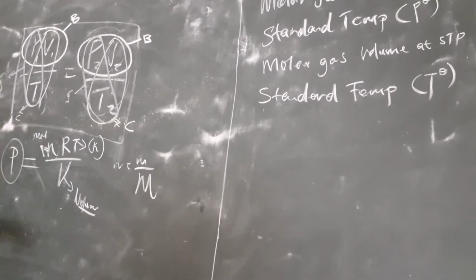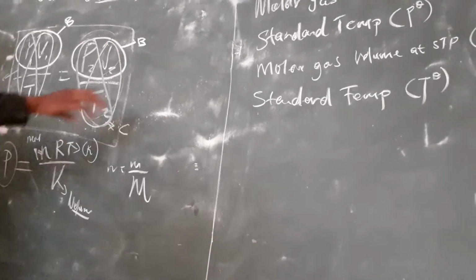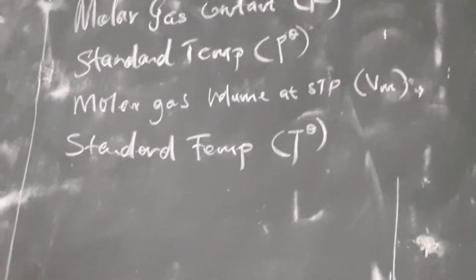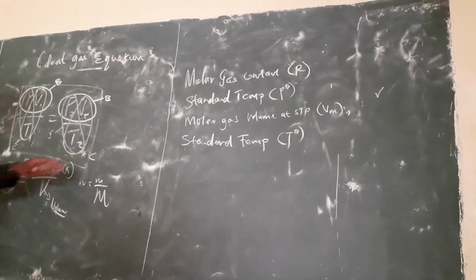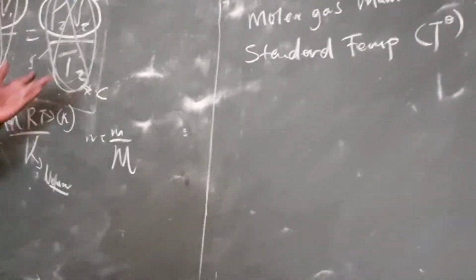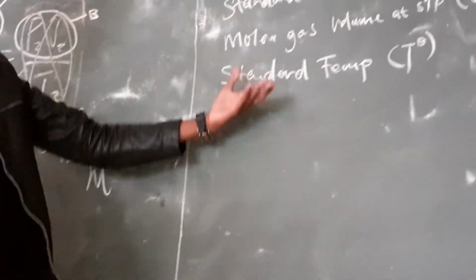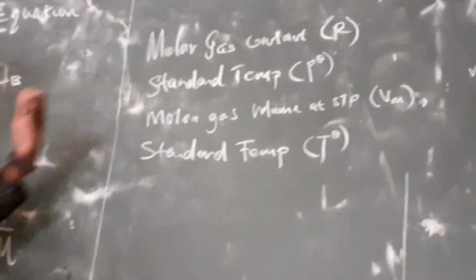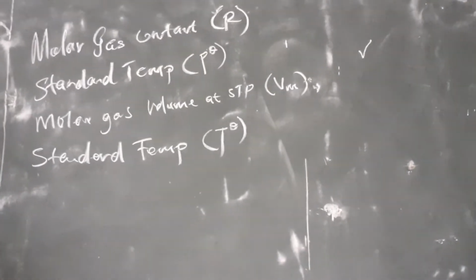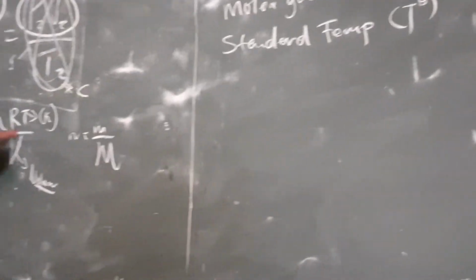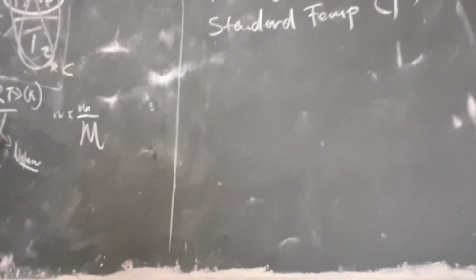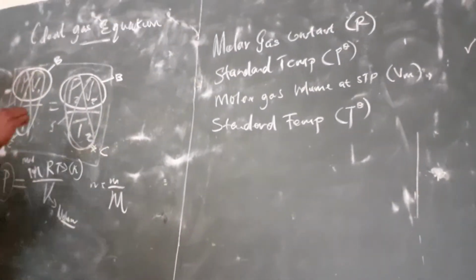And then now we have the R. I presented these four variables so that they will assist you when you look at your formula sheet and how to interpret it. So molar gas constant is R. This R is always there on our formula sheet, it is a constant.